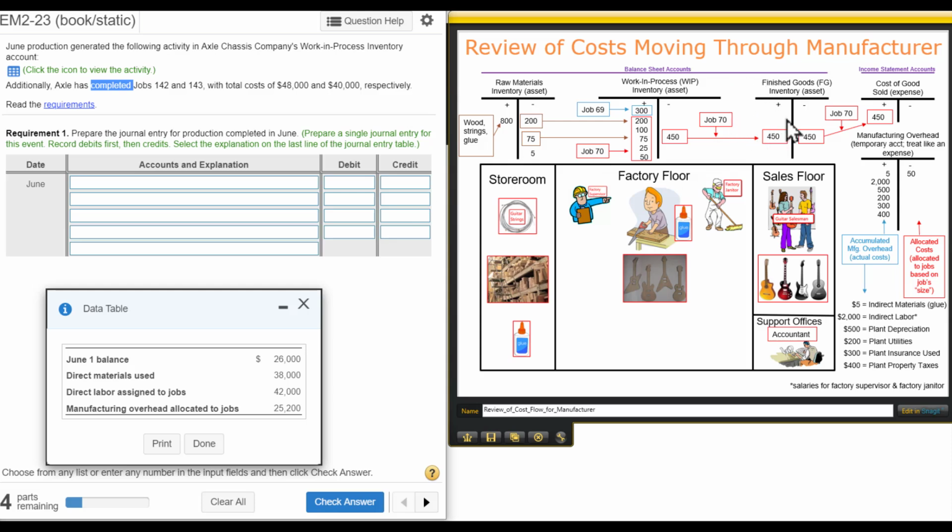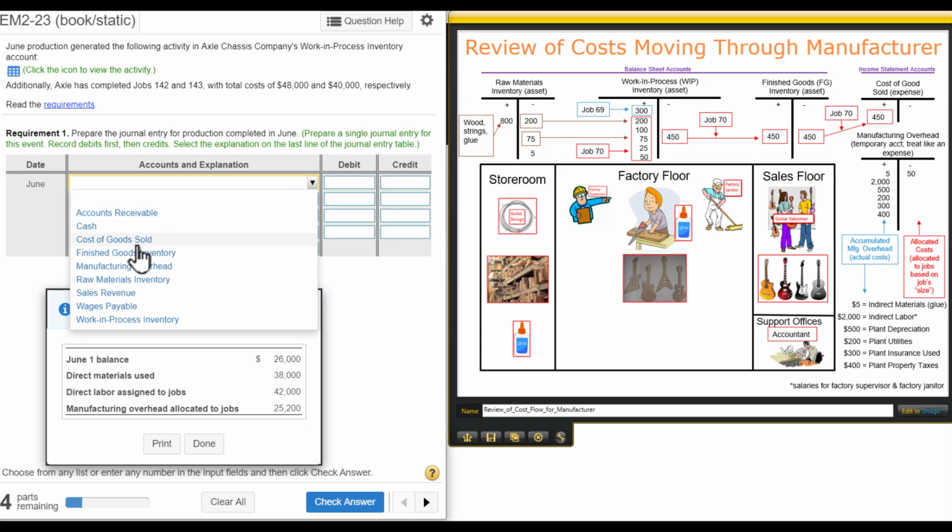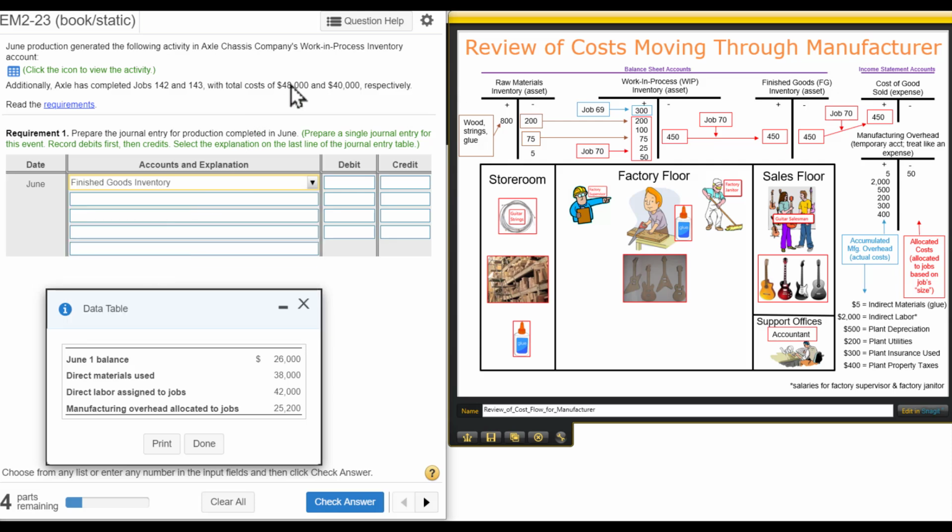So finished goods is going to be the debit. It's going to increase. So finished goods inventory is going to increase by $48,000 and $40,000. So that's $88,000. Copy and paste. And then they're leaving the WIP account.